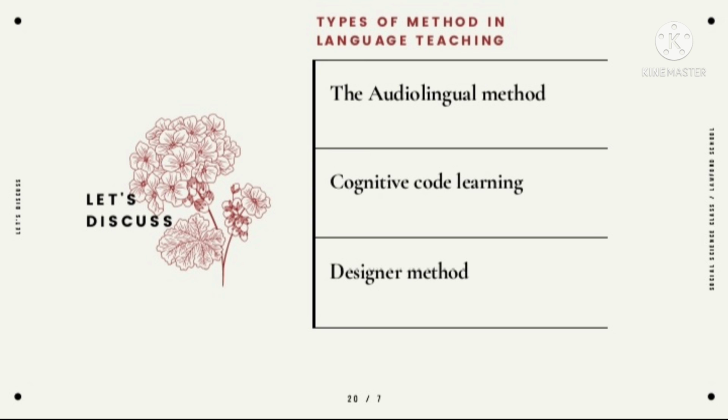The TPR method is total physical response, but the center of this approach is the teacher. So the teacher is the input for the learning process. Okay, I think that's all from my explanation about the methodical history of language learning.